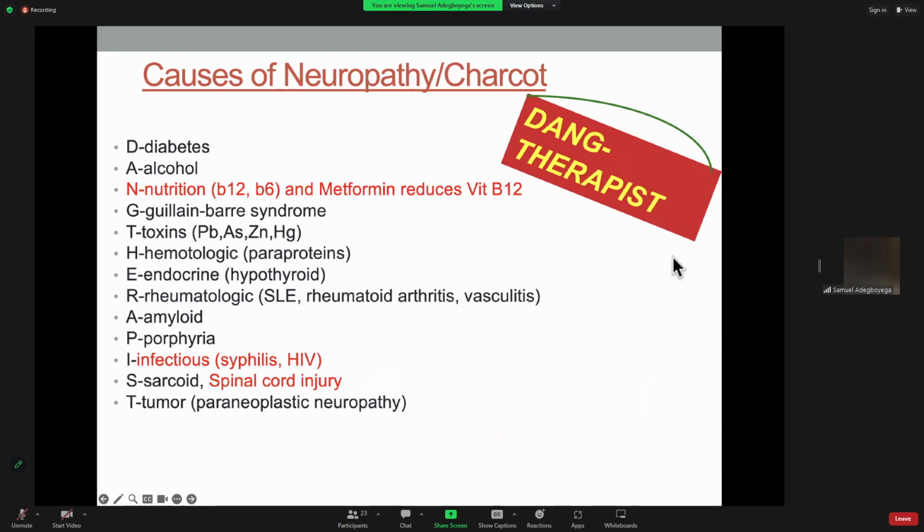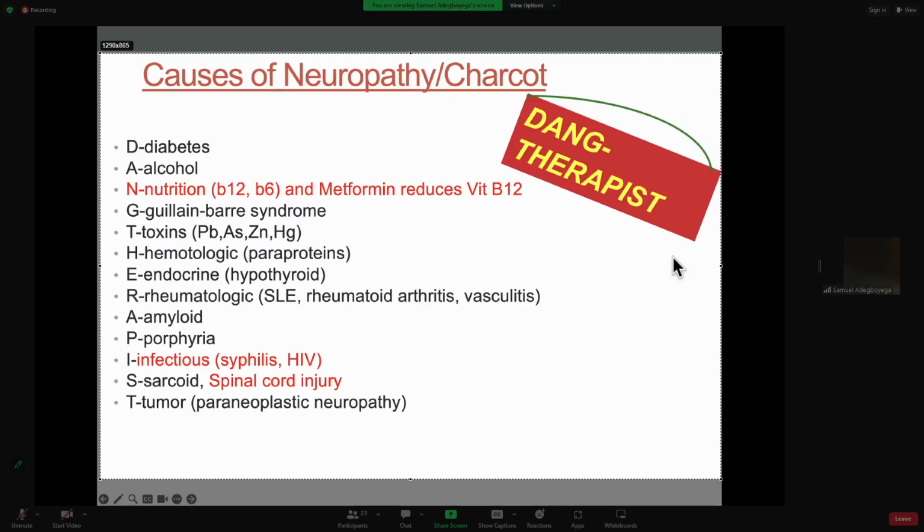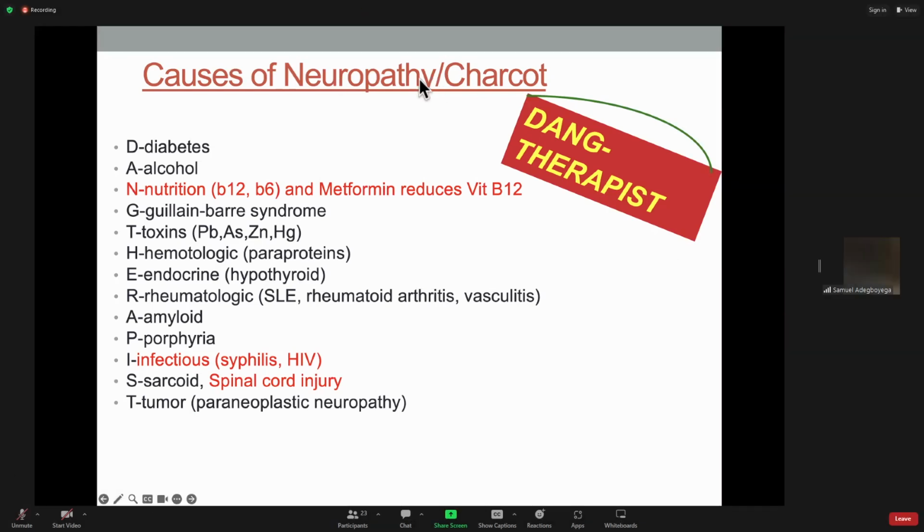So a patient without neuropathy can never have Charcot. True or false? True. That's right. If you do not have neuropathy, you don't have Charcot.